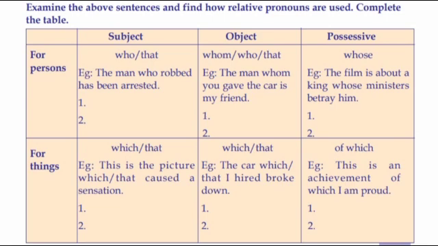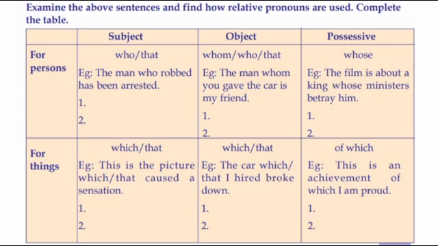So, for persons, in subject case, we use the relative pronouns who or that. Look at the example given here. The man who robbed has been arrested. Here, the man is the subject and the relative pronoun who is used to connect a clause.